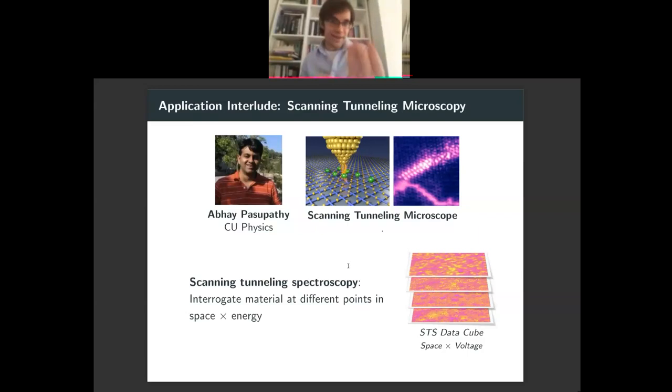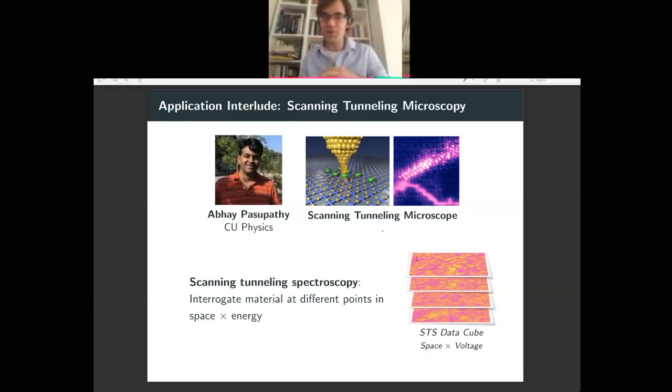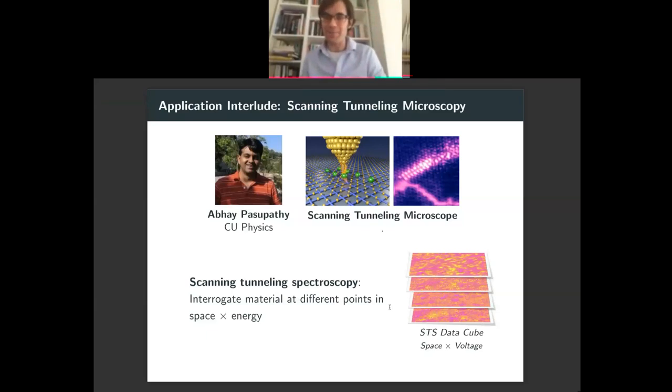So what this device produces, and this is a collaboration with Abhay Pasupathy from physics at Columbia, is a data cube. So I have 3 dimensions. 2 of them are spatial, 1 is voltage. This is produced by scanning a sample. Typically, this is some putative high temperature superconductor, some material whose physics is not known ahead of time, and I want to interrogate the physics.